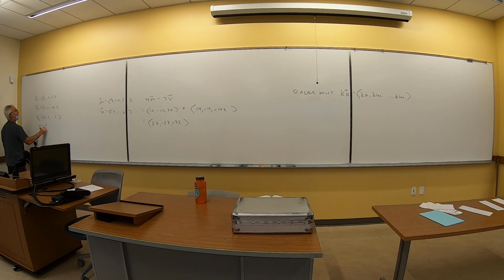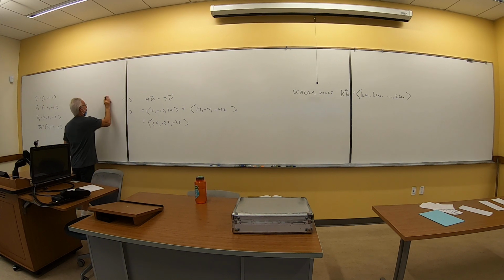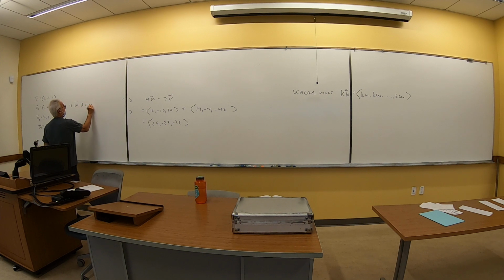Consider W, and let's make it real simple. Let's say that W is (3, -7, 0). Is W a linear combination of V1, V2, and V3? That's my question. Okay?